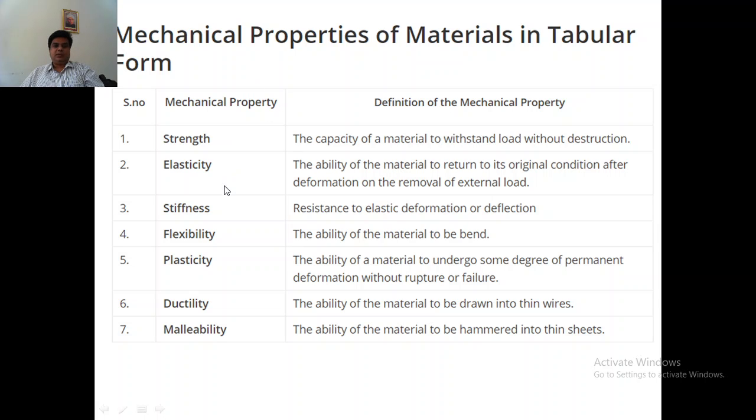Just now we discussed the different properties of the material, and the definitions are given in the form of a table here. So in simple words, we can understand the different properties of the materials: strength, elasticity, plasticity. Then you have stiffness, that is the Young's modulus. We will see that later in detail. Ductility and malleability are related to plastic deformation of the material, related to plasticity.